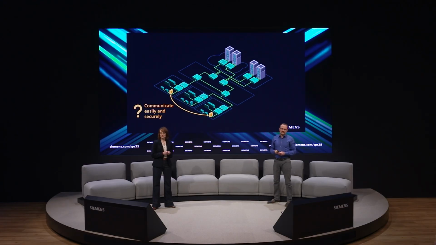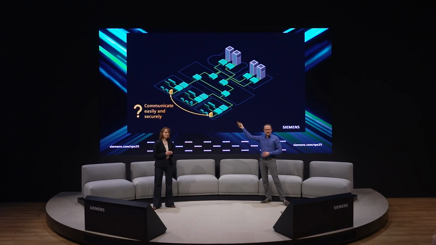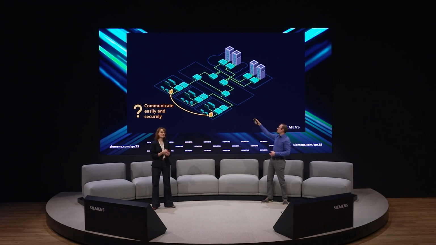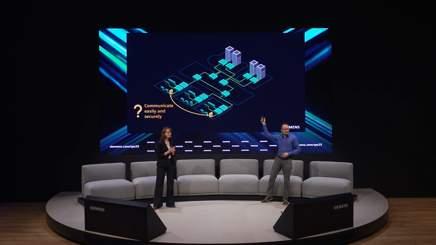But let's have a look and imagine how this looks like at your on-premise customer field. Today, if you just want to communicate from one asset to the other, how does that typically work? You have to go from this one asset to the upper layer, to the aggregation network, to the backbone, and then also to the data center and come back. And on this way, you have to configure a lot of firewalls, routers, gateways, and so on.